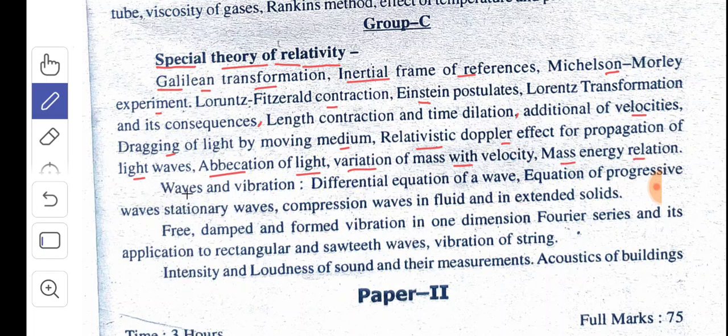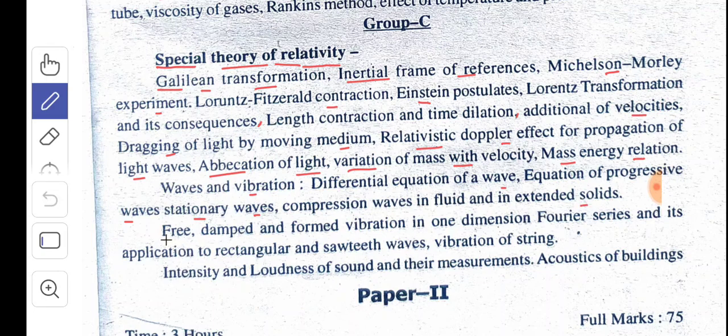Next is waves and vibration, differential equation of a wave, equation of progressive waves, stationary waves, compression waves in fluid and in extended solids.